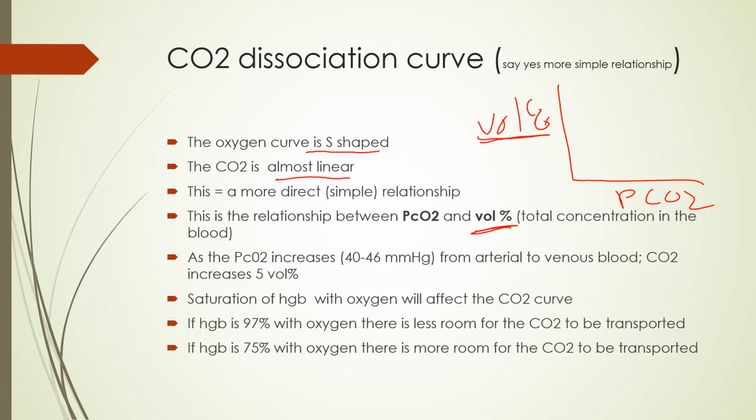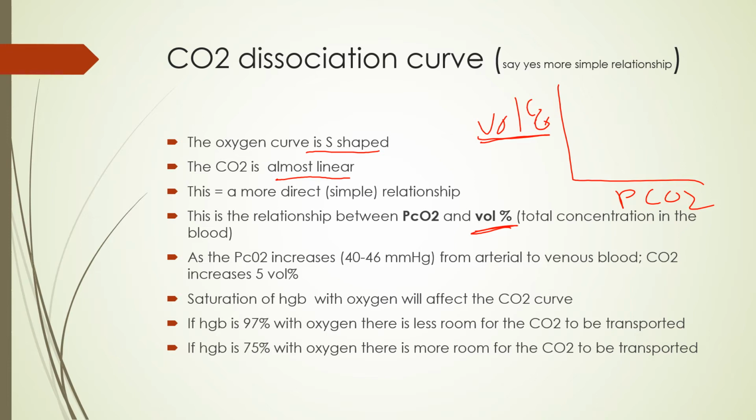We don't look at saturation of CO2. So this is the concentration in both the plasma and in the red blood cell. Remember, volume percent is looking at plasma plus red blood cell. So that's why we're looking at it here in volume percent instead of saturation.